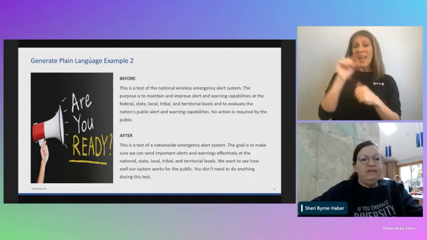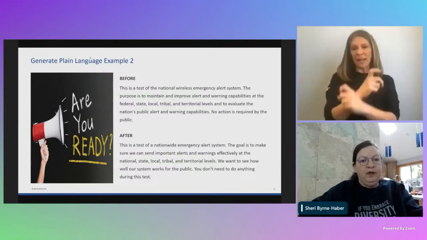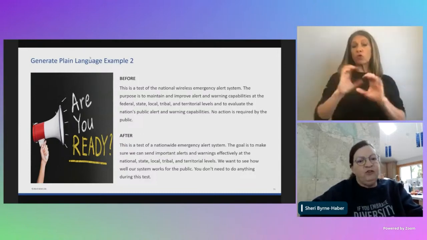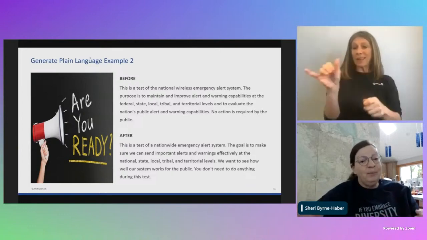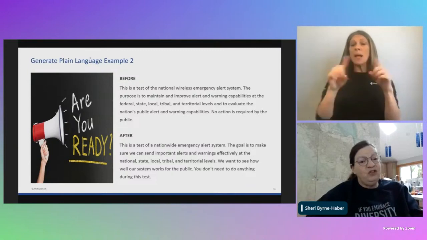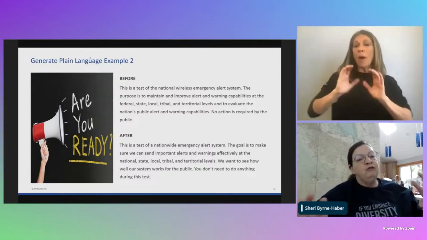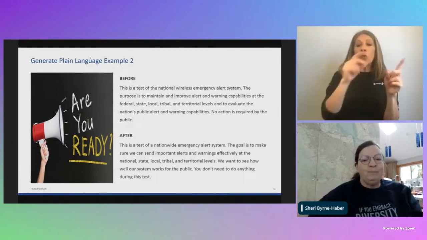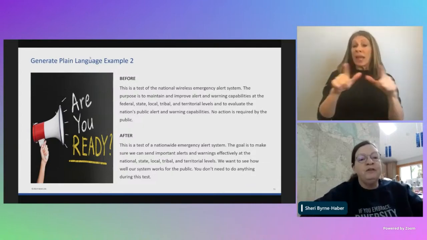Government language tends to be too complicated for the audience and difficult to understand. And so doing a plain language interpretation gives you the exact same content, but in more bite-sized chunks, with more active verb tense, shorter sentences, and shorter words. For example, you might have put in language that said "purchase."